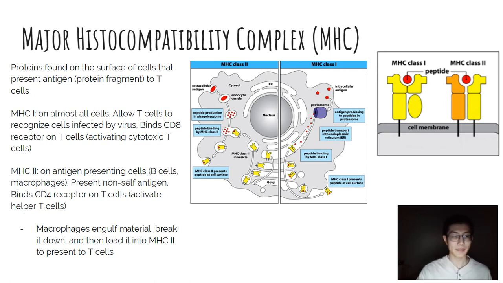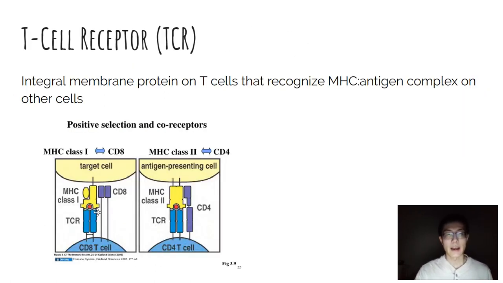Okay. Now, we also have these things called T-cell receptors. The T-cell receptor is found on different types of T cells, and it's an integral membrane protein that allows for recognition of the MHC antigen complex on other cells. In this case, we have MHC class 1, so it's just a normal cell that's presenting via an MHC class 1 method, and it's going to be recognized by a CD8 receptor.